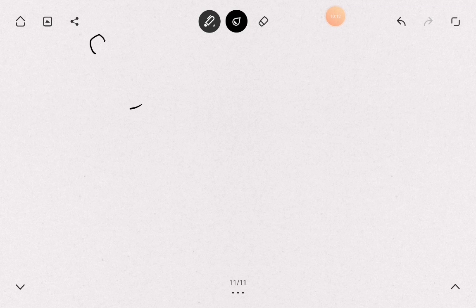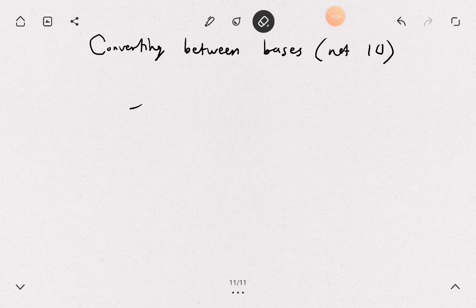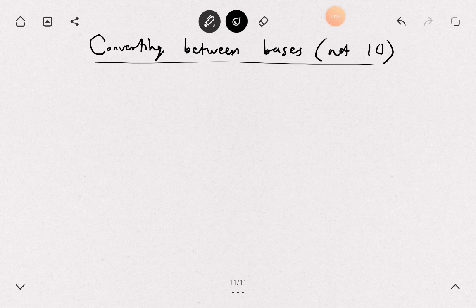Converting between bases not 10. How do you do this?